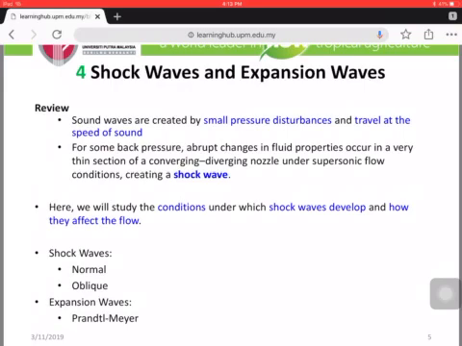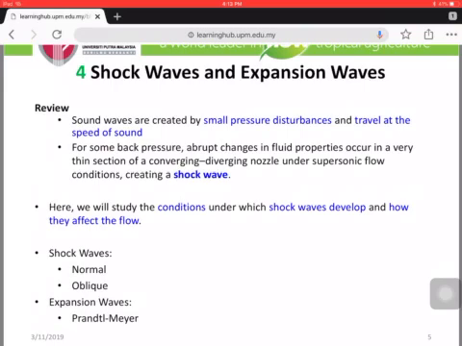And for back pressure, it is the pressure that acts against the flow. Due to the back pressure, abrupt change in fluid property occurs in a very thin section of a converging and diverging nozzle.